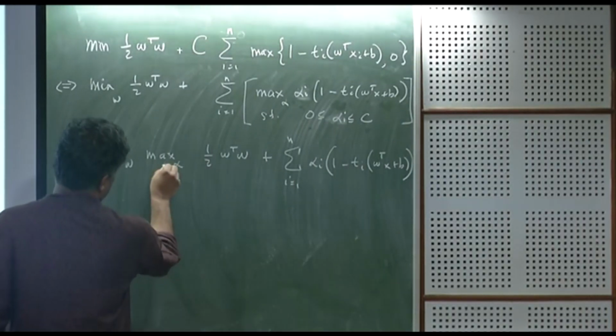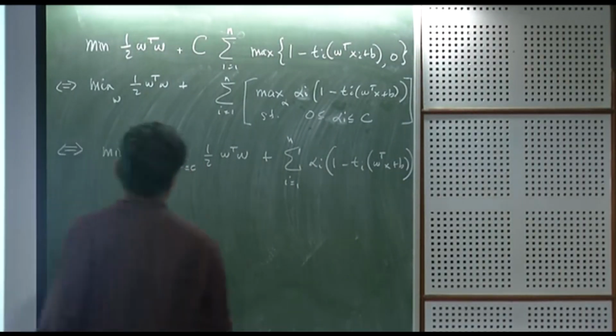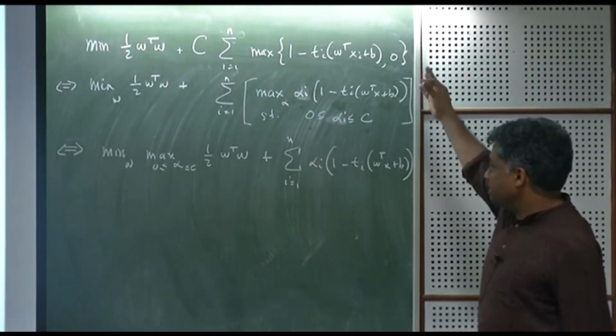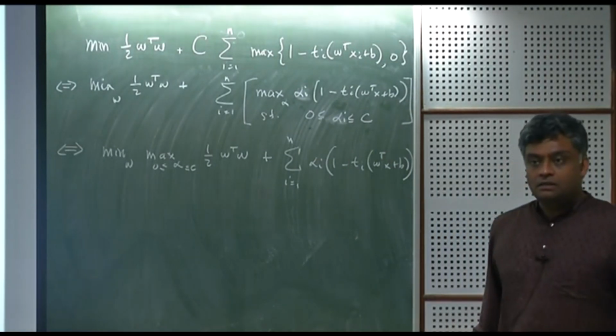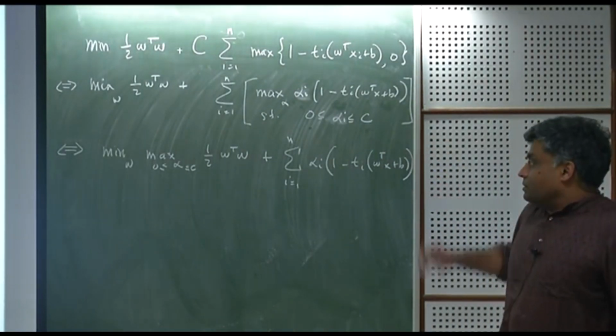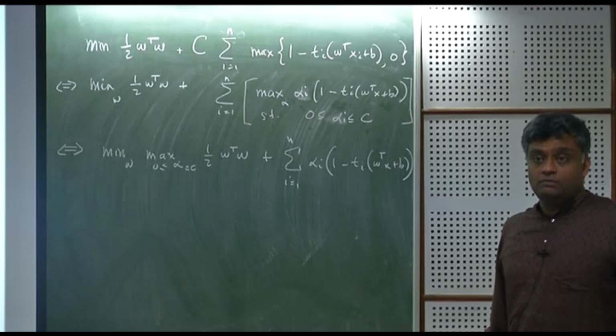And alpha lies between 0 and C. Each component of alpha lies between 0 and C. Everybody with me so far? All I did was take these alphas outside. Now, this is a saddle point problem.